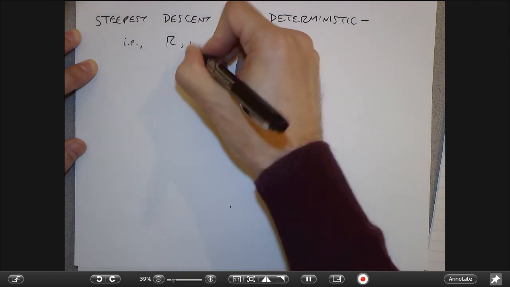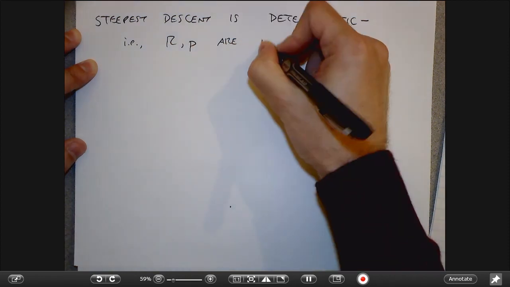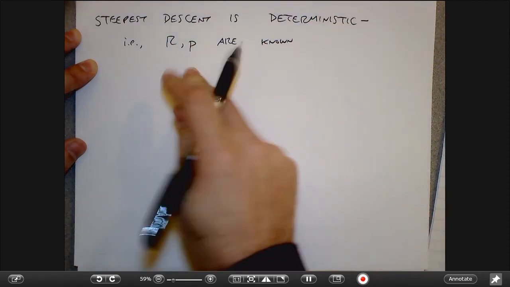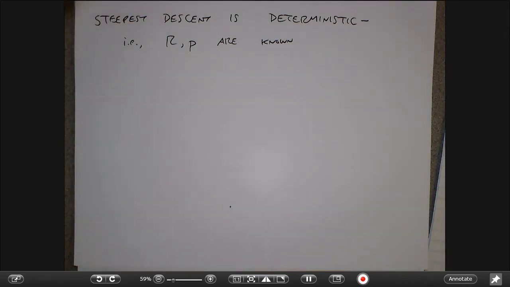For example, in this case, it assumes that R and P, which are the key parameters that define the cost function, are entirely known to me. Whereas in practice, I don't exactly know what those are. I have to estimate those from the data also.